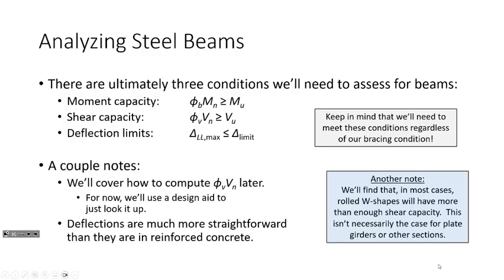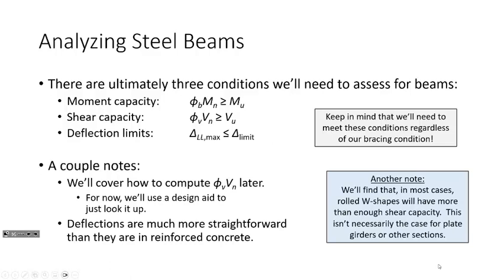If we're analyzing a steel beam, we have ultimately 3 limit states that we need to withstand. We need to ensure that it has adequate moment capacity, adequate shear capacity, and that it doesn't deflect too much. There's a lot here on this slide, so I'll take my time with it.